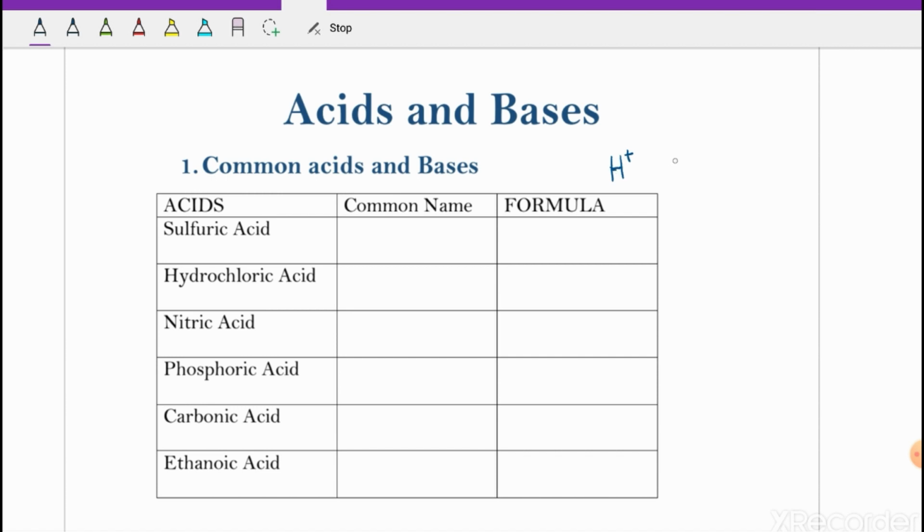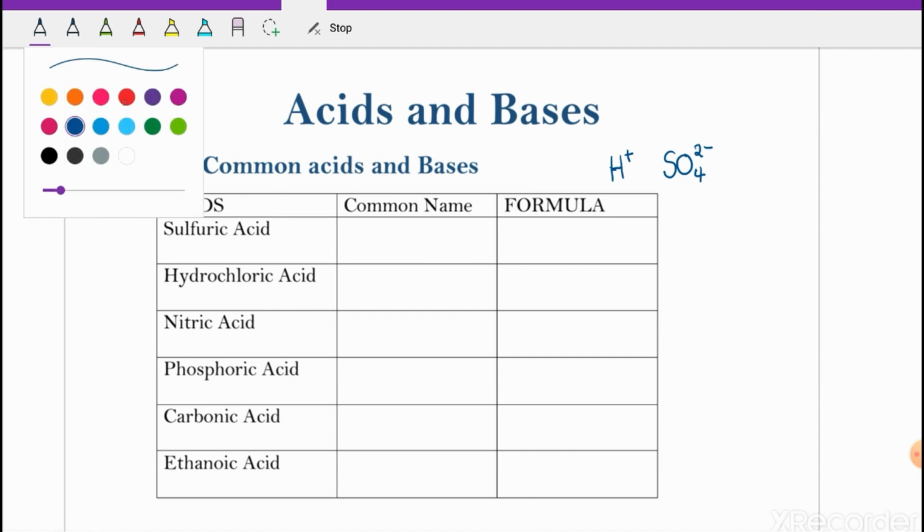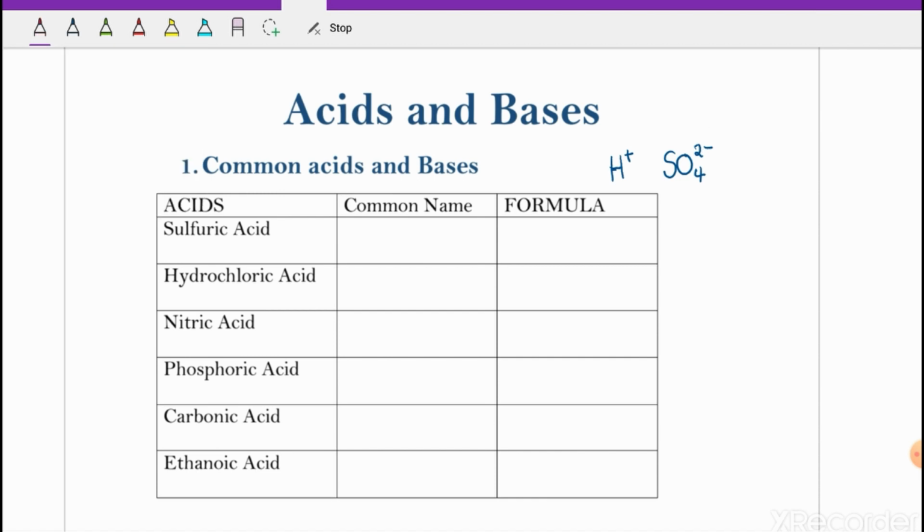And then for sulfuric acid, it also contains a sulfate. So these polyatomic ions are very important, and you need to go study them. When you compose your formula, you need to make sure that this number that you have over there, you write on that side, and this number here, which is just a 1, will then go on that side.